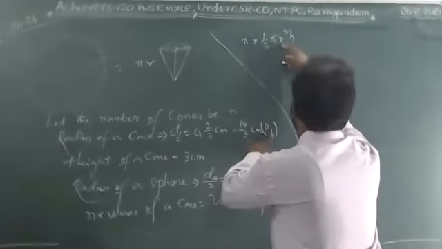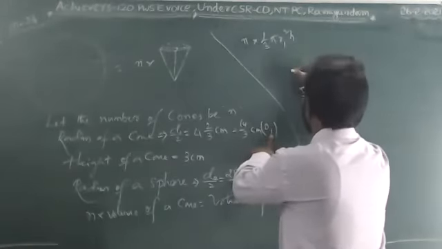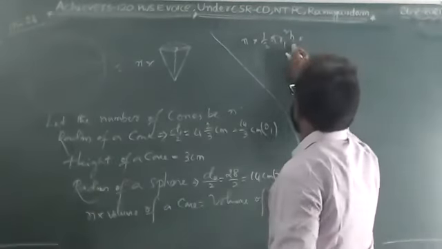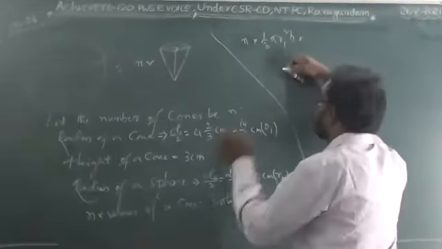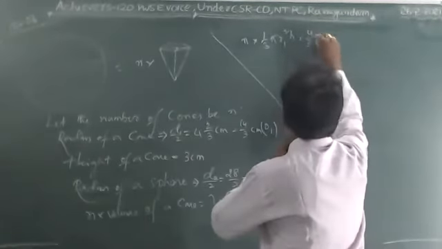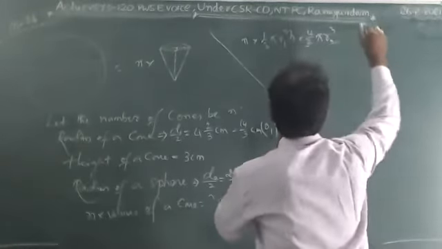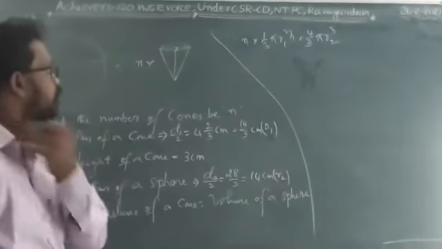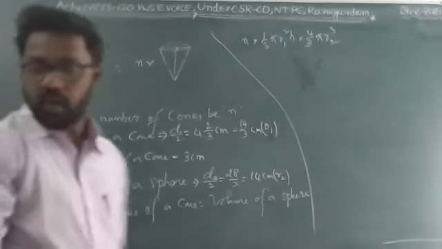Cone radius is r1. There is no height in the sphere, so you can take h directly. And the sphere formula is 4/3 pi r cube, with r2.